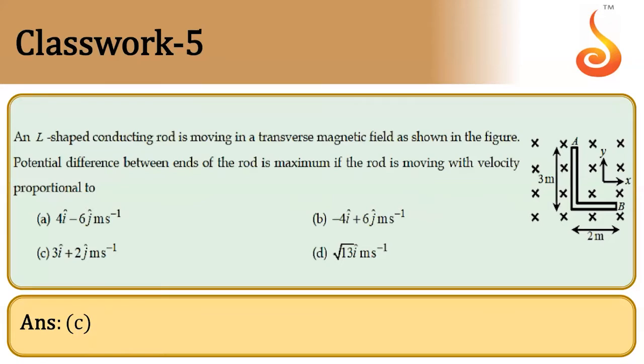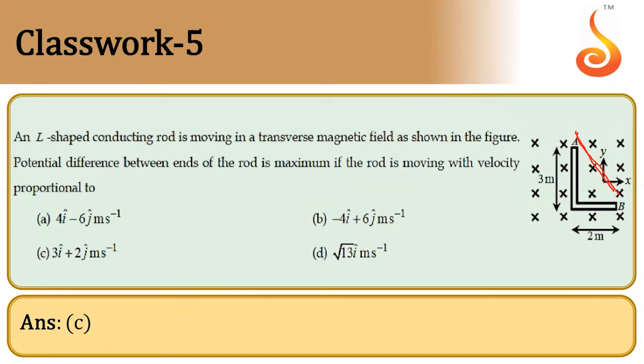An L-shaped conducting rod is moving in a transverse magnetic field as shown in the figure. Potential difference between the ends of the rod is maximum if the rod is moving with velocity proportional to. Here any curved rod or L-shaped rod can be replaced by a straight rod.